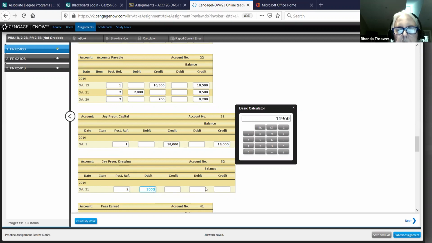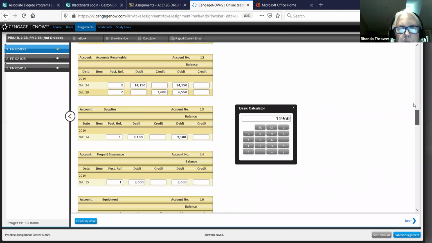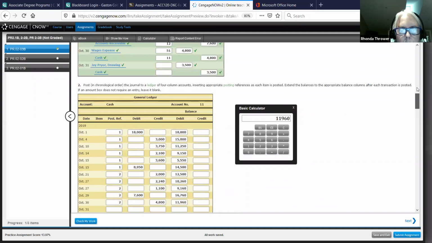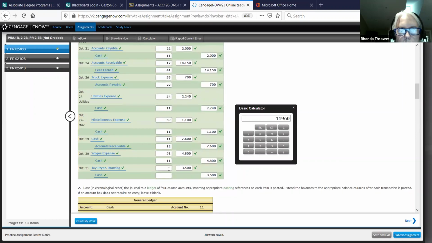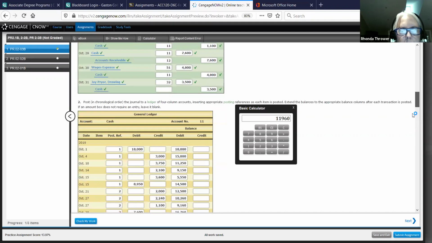Since drawing is a drawing account, drawing increases on the debit side. $3,500 is going to be the balance in the drawing. Then your cash account will be credited for $3,500.